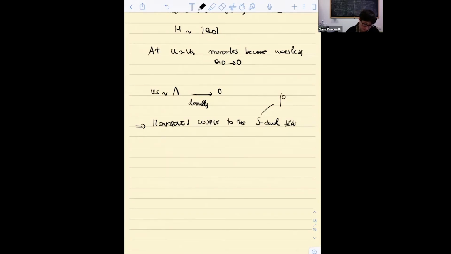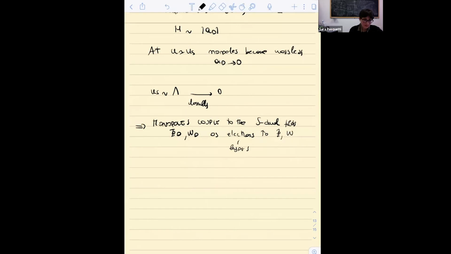So the idea is that monopoles couple to the S-dual fields, which are phi dual and the dual field strengths, as electrons couple to phi and W. Well, electrons sit in ordinary hypers.